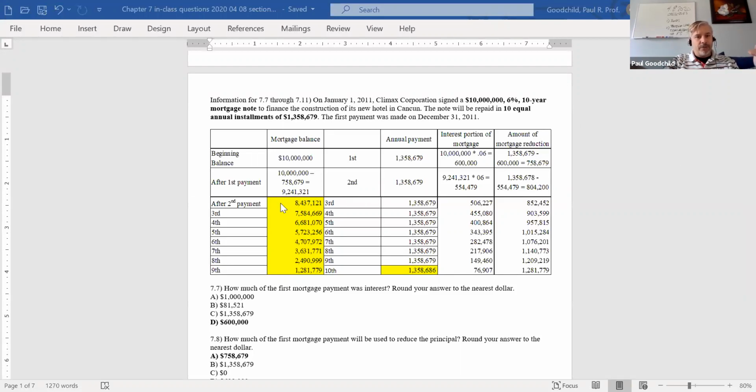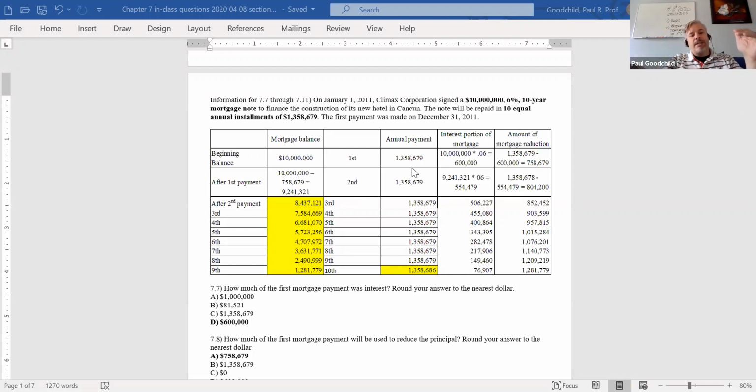And as a result, that principal drops. And so the company's entitled to 6% of interest on what you owe them. And since you owe them less, that amount that's interest is going to drop.